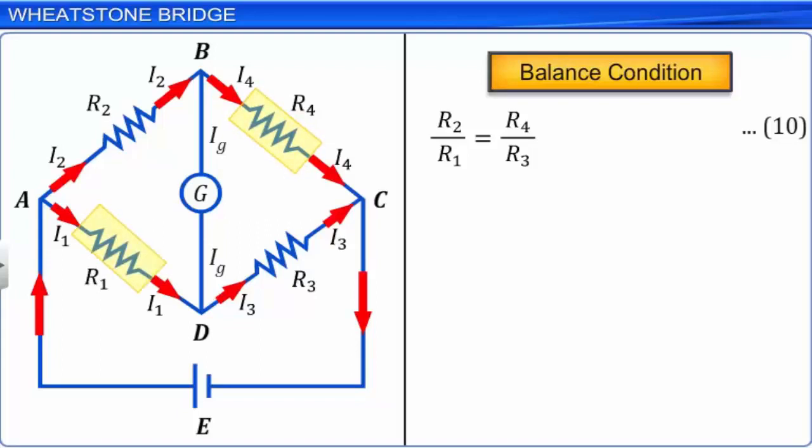The bridge now is in balanced condition, and we can apply equation 10. Rearranging the terms in equation 10, we can write R4 is equal to R2 into R3 by R1. Let this be equation 11.